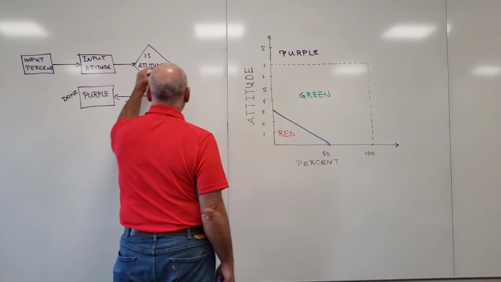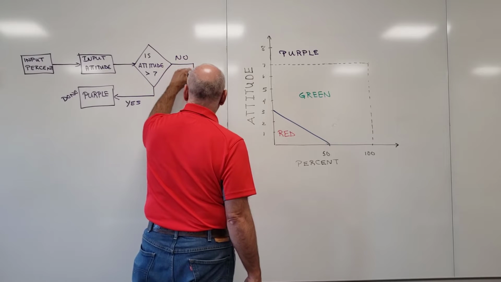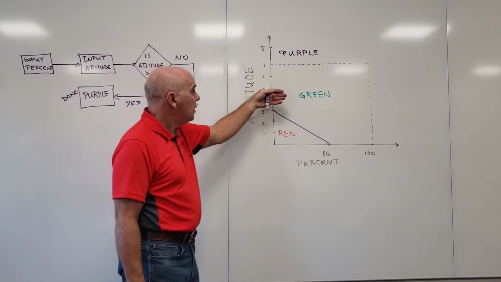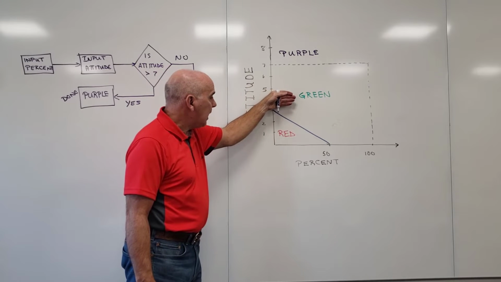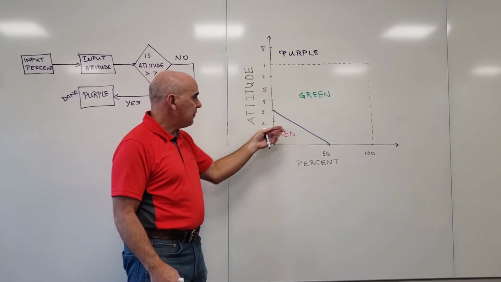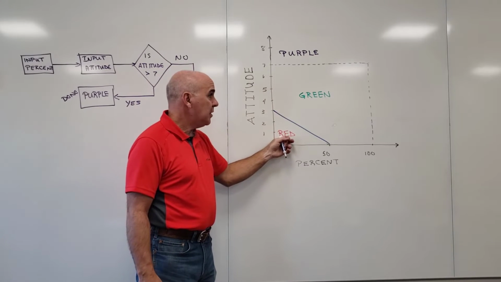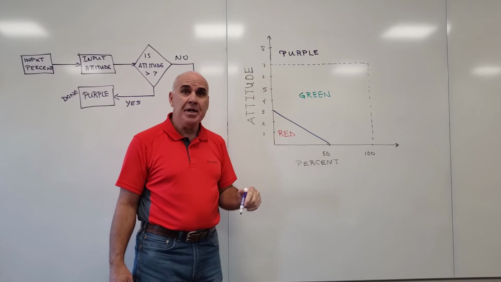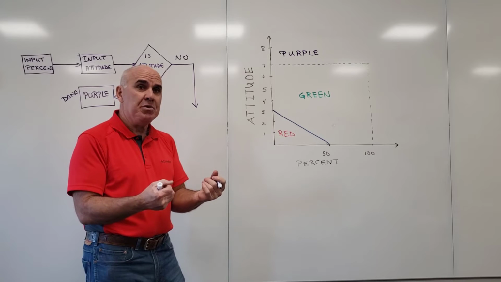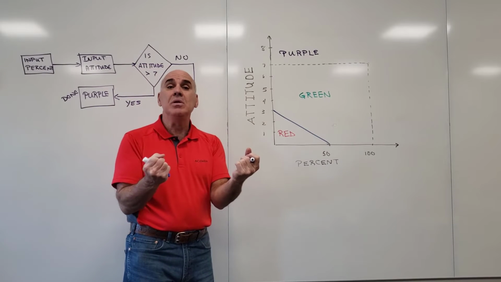But what if the answer is no? If the answer is no, then I've got this red or this green area. The idea here is if I'm above the blue line, I'm green, and if I'm below the blue line, I'm red. So now I need to ask, am I above or below the blue line? Well, wait a minute. We haven't decided what the blue line is.